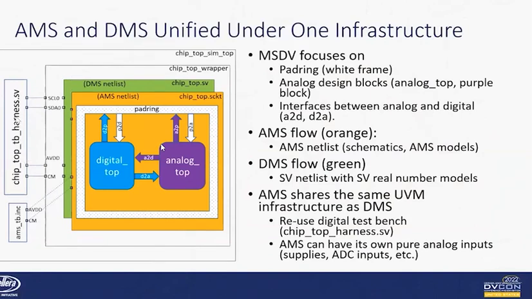The TB harness is a shared UVM test bench. The green is the DMS flow, for the DMS nannies, and this orange is for the AMS nannies, the AMS flow. In our practice, we only need a compiler switch to switch from the DMS flow to the AMS flow.